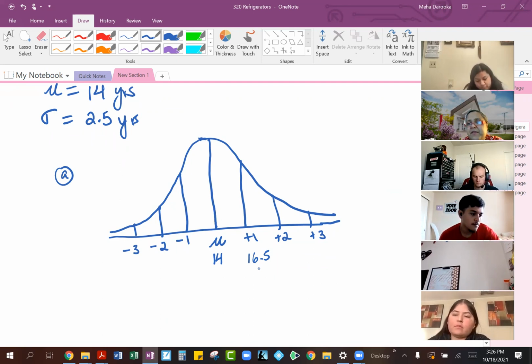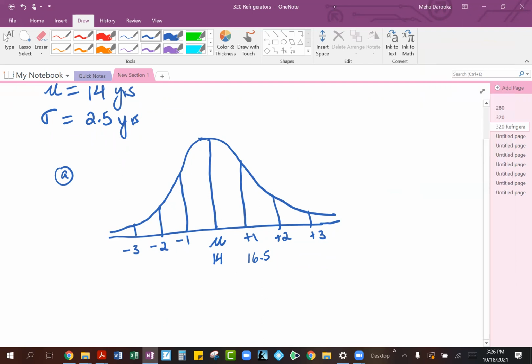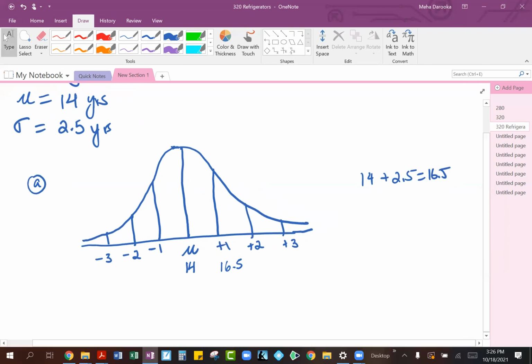So that means refrigerators that have a life of 16.5 years, all of those will go on the right-hand side. So keep adding 2.5 to that. So you can either take 16.5 and add another 2.5 to it, or you can do 14 plus 2 times 2.5 for your second standard deviation, which would still give you the same answer.